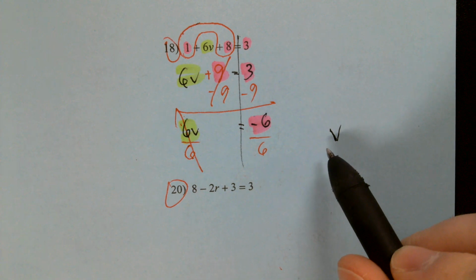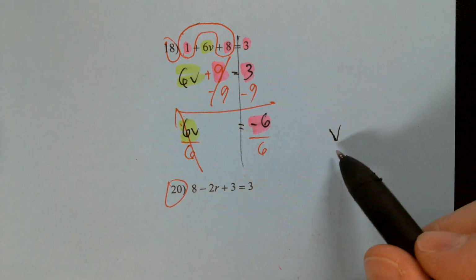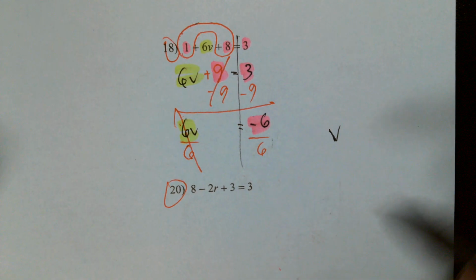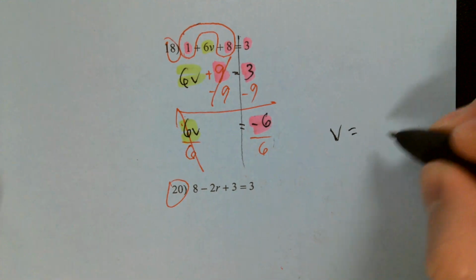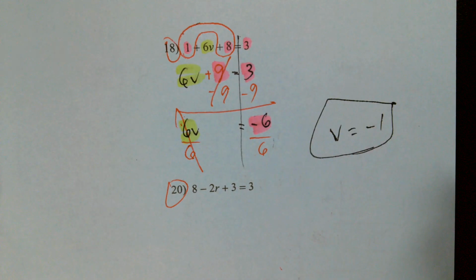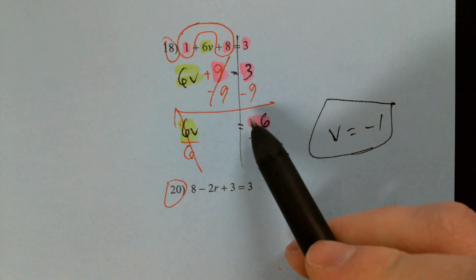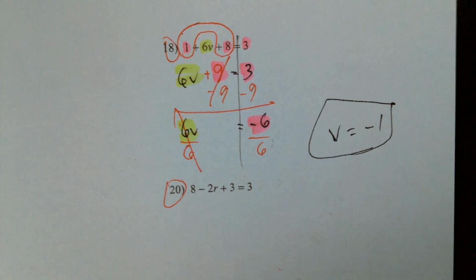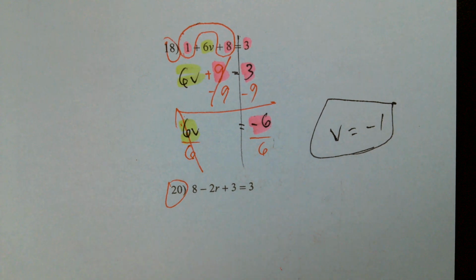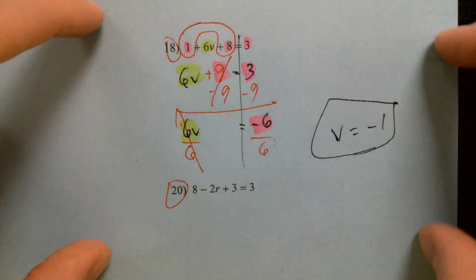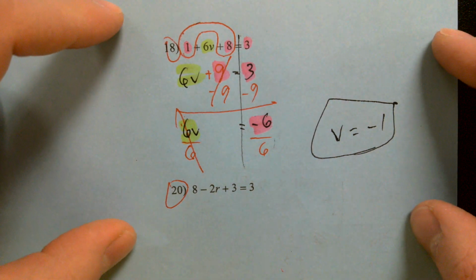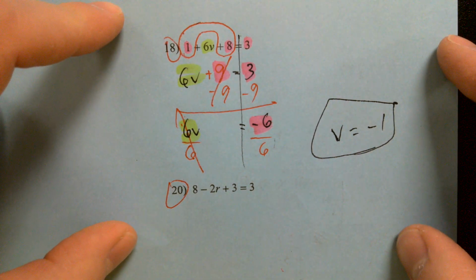If we have a 1 in front of our v, we don't need to write it. It's all by itself. But what's -6 divided by 6? -1, right? 6 over 6, like we said, is 1. But a negative over a positive always gives me a negative. Anyone get number 18 right on their own? Anybody make it that far to 18? Hopefully. Good. Okay, great.